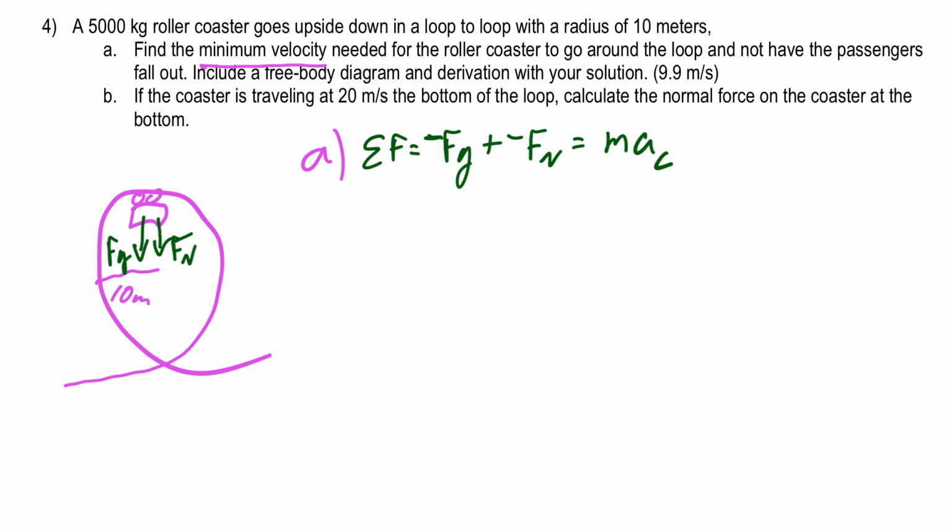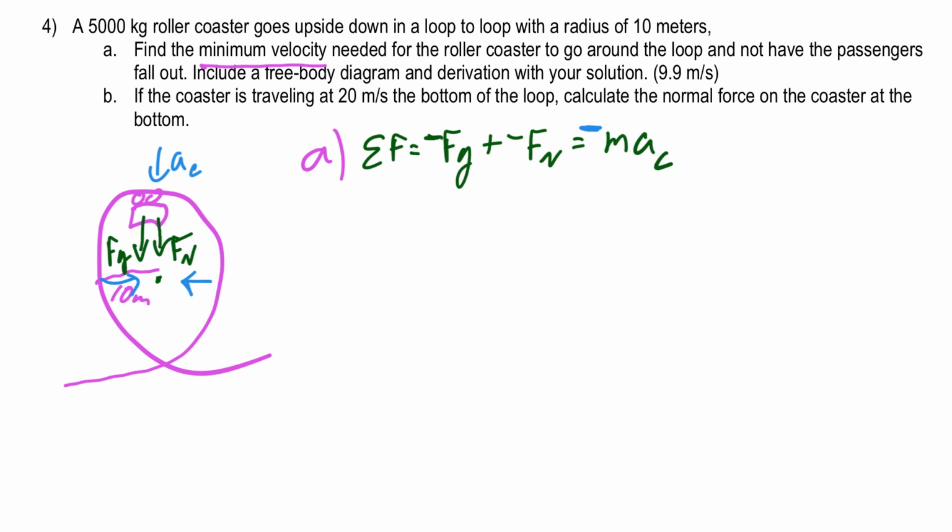Now the direction of the a is important because at the top of the loop, remember acceleration is always towards the center. So that means on the right it's going to the left, on the left it's going to the right, and on the top it's going down. So our a_c is down. So how I'm going to do that is in my equation, I'm just going to make sure that's negative.